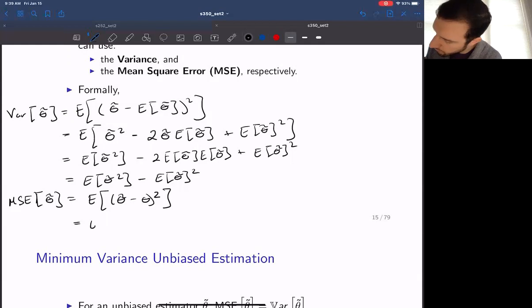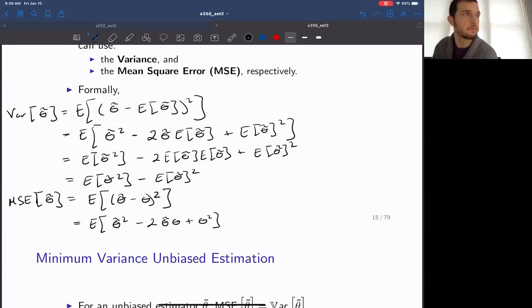Okay, so if we start to break this up, we have theta tilde squared minus 2 times theta tilde times theta plus theta squared. Oh, actually, no, this is not going to be of assistance to us.